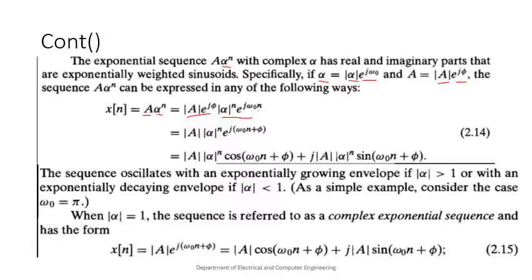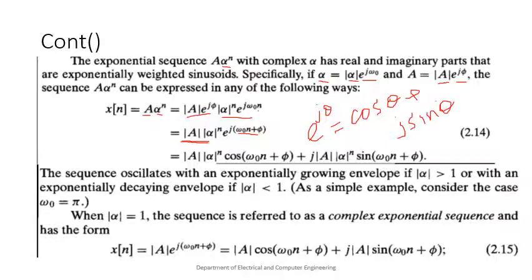Now, just for simplification, we know that the bases are the same. So we have j here and j here, so we can take j common, e raised power j omega naught n. And this is just the magnitude. Everybody knows that e raised power j theta, the Euler identity, is equal to cos of theta plus j sine theta.